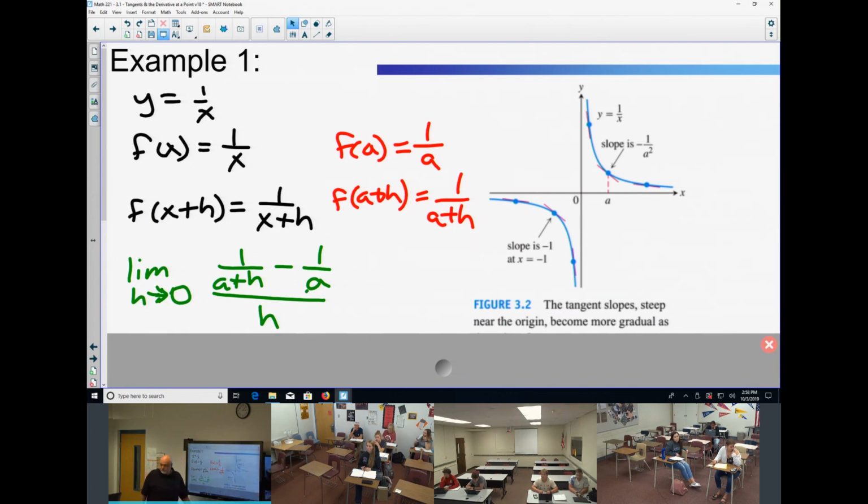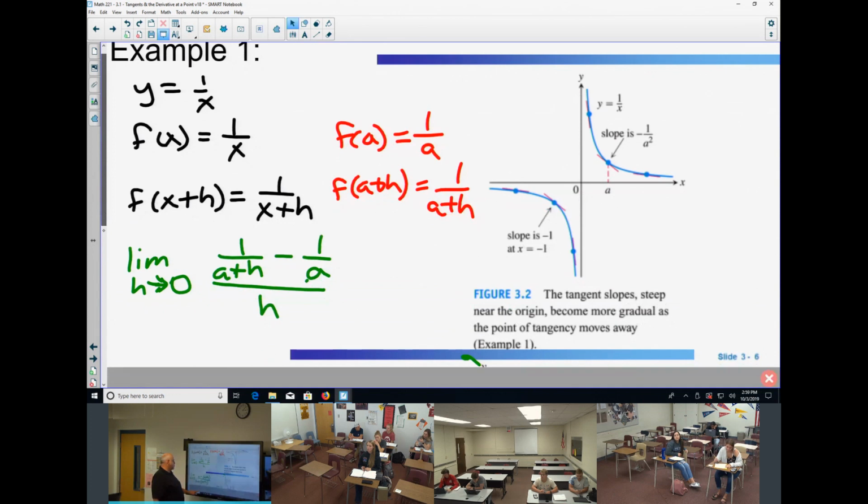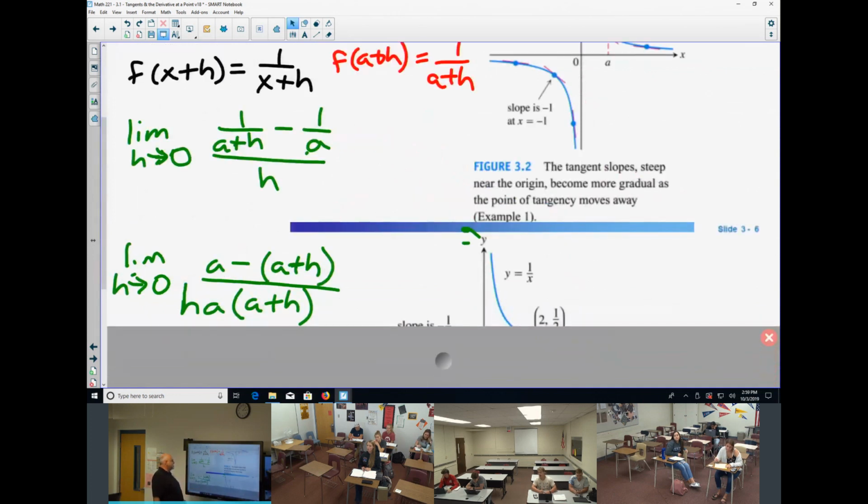Now, let's talk about how, algebraically, we simplify this.